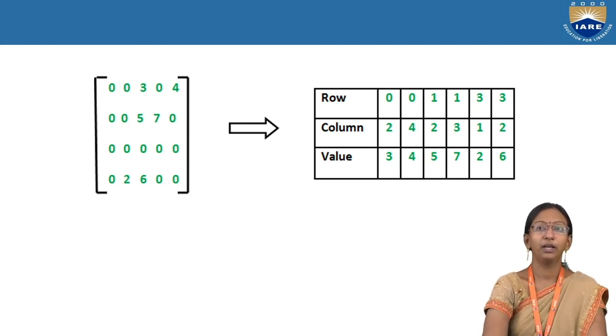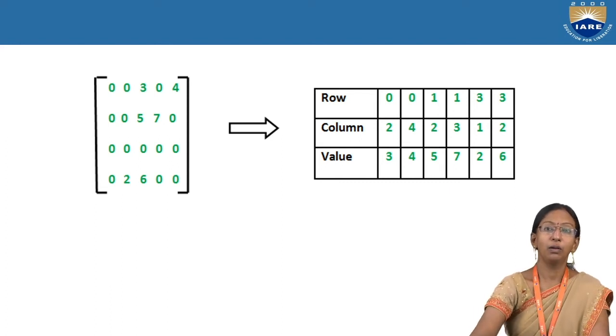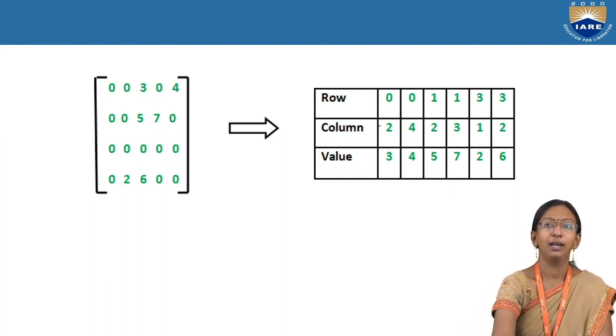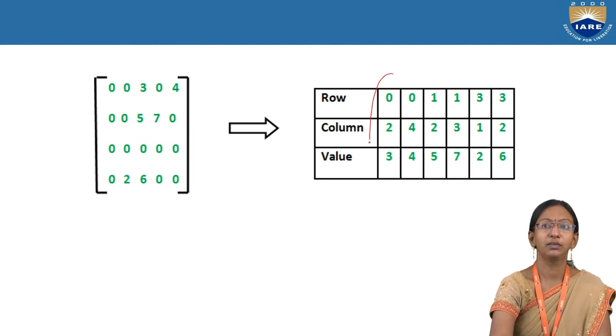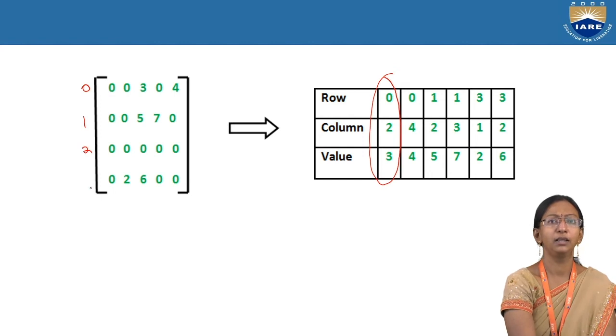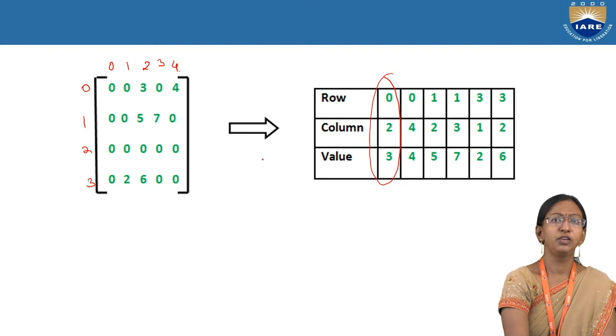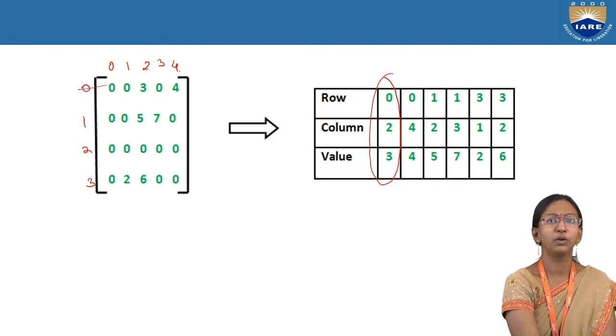Have a look at the combination of these values column by column. Let me explain this. Consider this: how you name your matrix, index values 0, 1, 2, and 3, and the columns 0, 1, 2, 3, 4. So the 0th row, he's talking about the 0th row, second column.